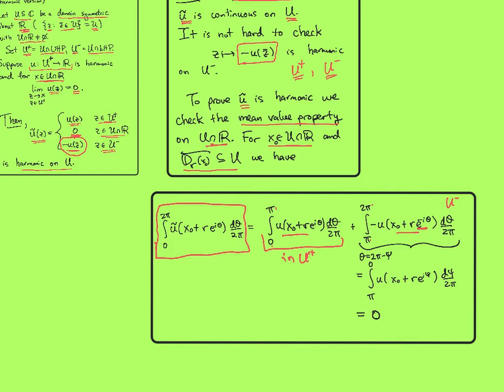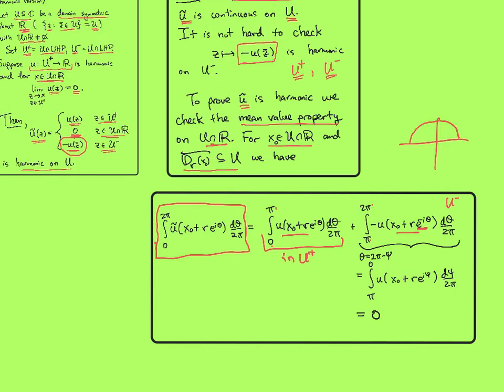Basically, since this piece is e to the negative i theta, and we're going from pi to 2 pi, it's just as if we're going from, let's see, negative pi to negative 2 pi. And this actually keeps us in the upper half plane.